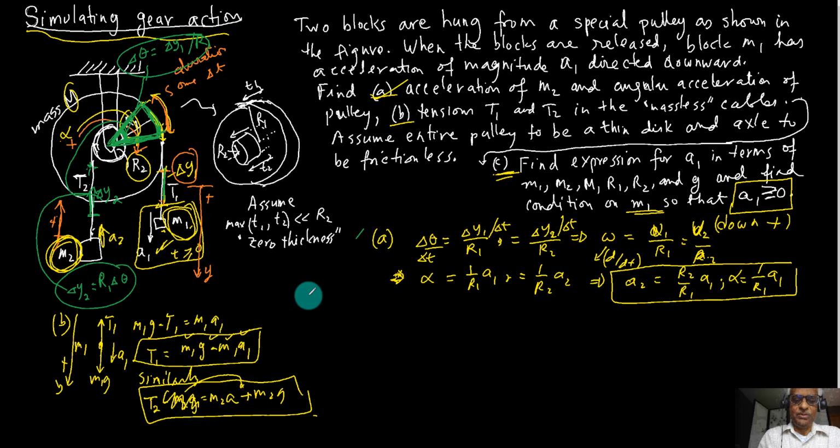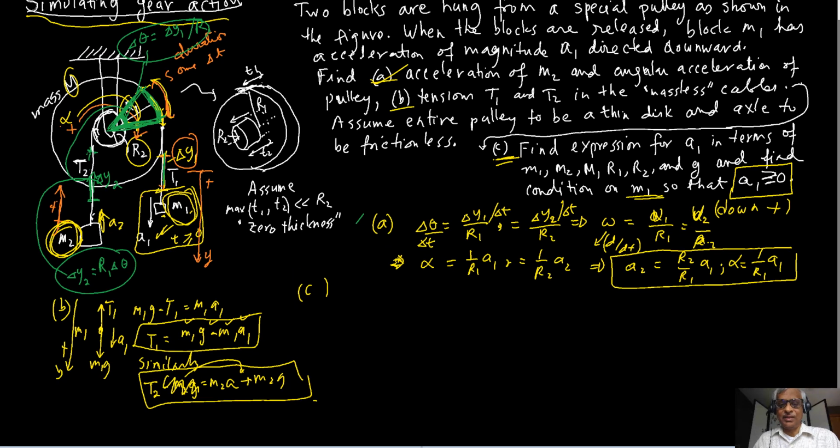Now on to the most interesting part, C, and see if I have enough space for it. So I want to find A1, and the way we will find it is we got an equation for this one and an equation for this one. Now the equation for the pulley, that's where the information must be.